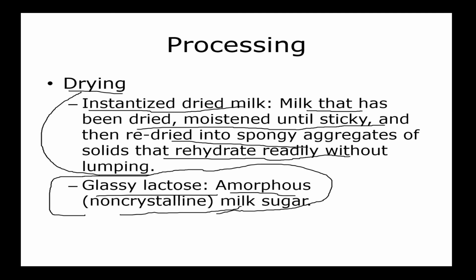As we just studied in the previous video, milk contains lactose as its disaccharide carbohydrate, and certain milk also contains alpha-lactose, which is a better form of lactose and dissolves better. In dry milk or milk powders, we have glassy lactose as the sugar.